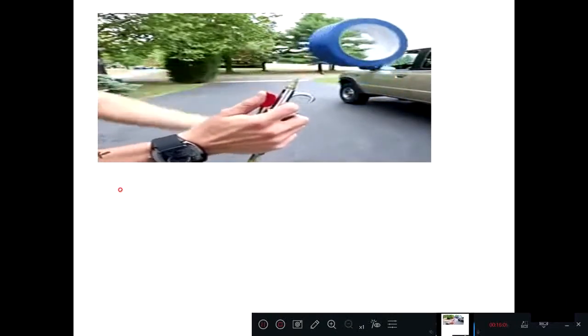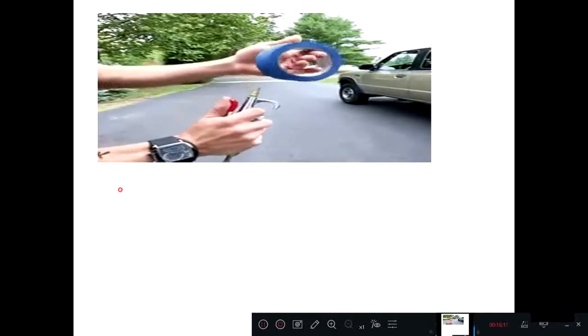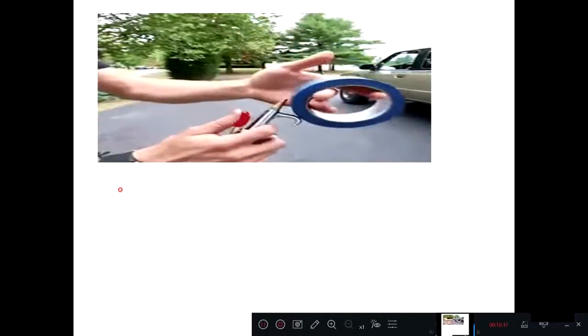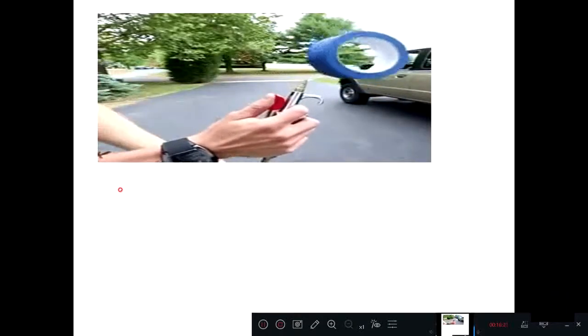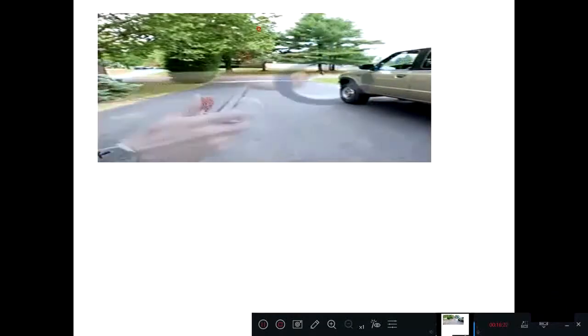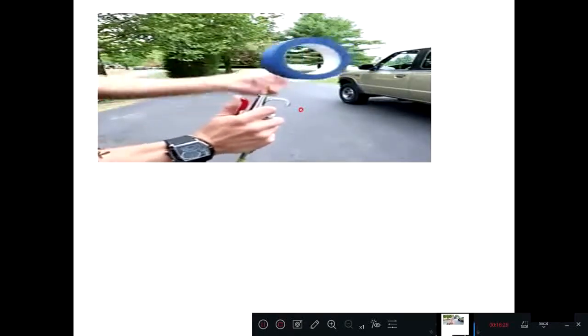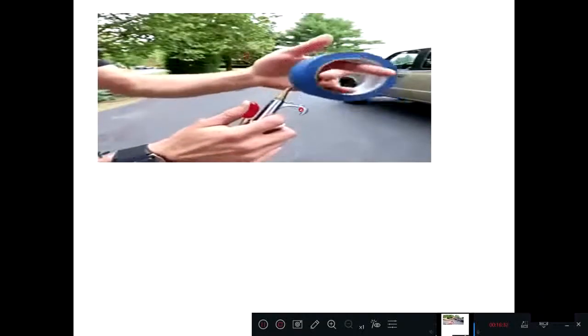It is possible because on one side he is creating a low pressure region and on the other side he is creating a high pressure region, hence it is possible to keep that in a position. So this is the principle of Bernoulli. On one side you need to create a high pressure and on the other side a low pressure.